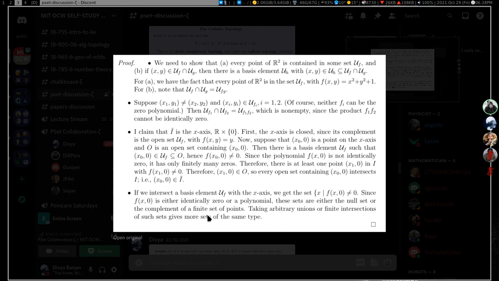As far as I thought about it, I didn't get the intuition about what the closure of that set would be. So yeah. I was just thinking about the zero sets of polynomials.